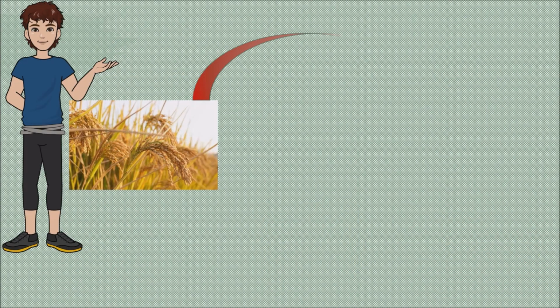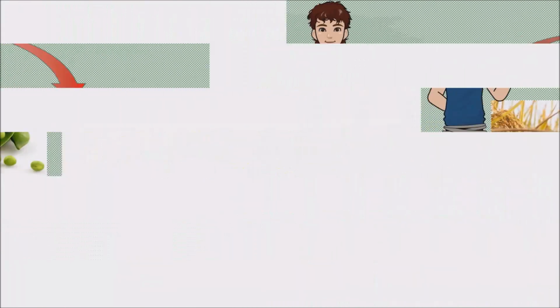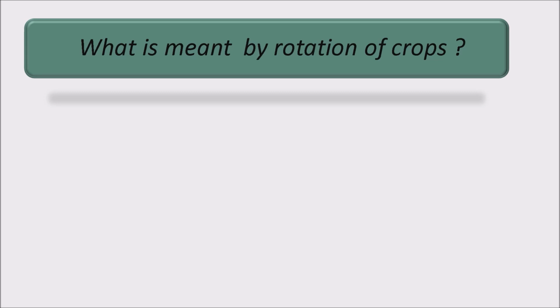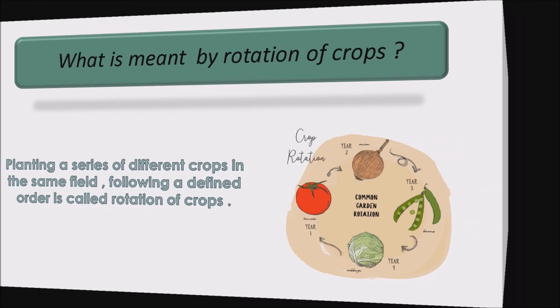The first method is crop rotation. What is meant by rotation of crops? Planting a series of different crops in the same field following a defined order is called rotation of crops. Why is rotation of crops necessary?